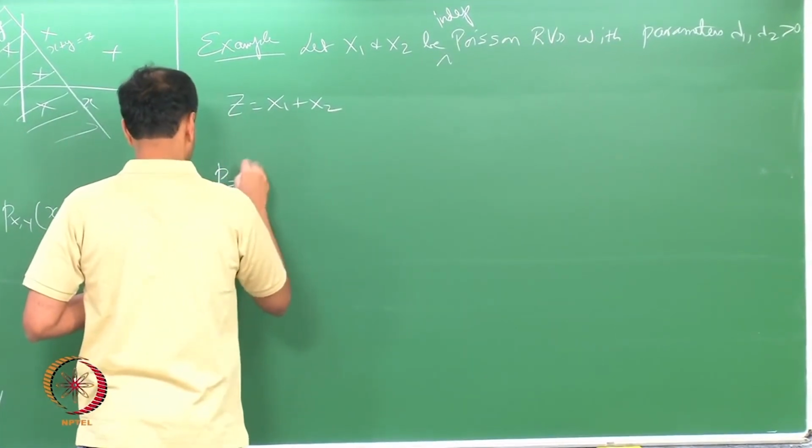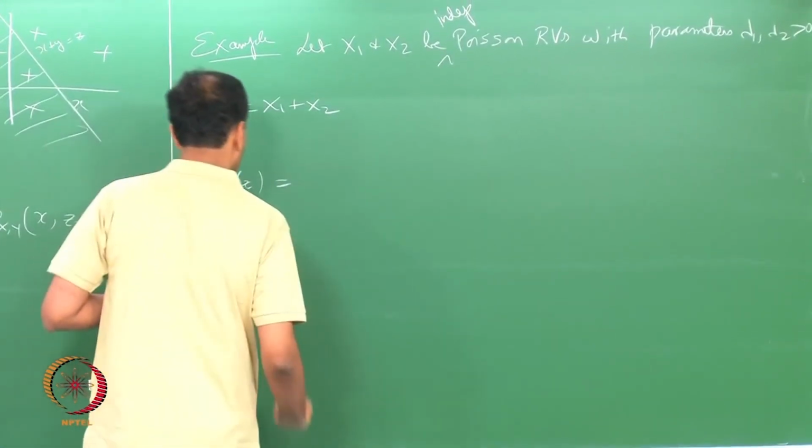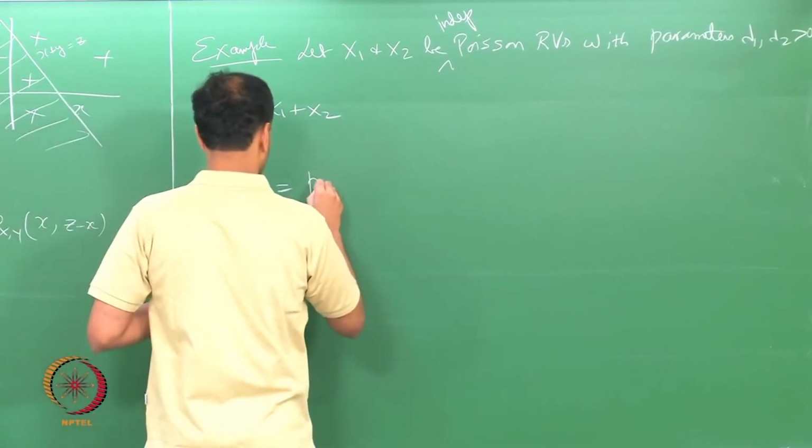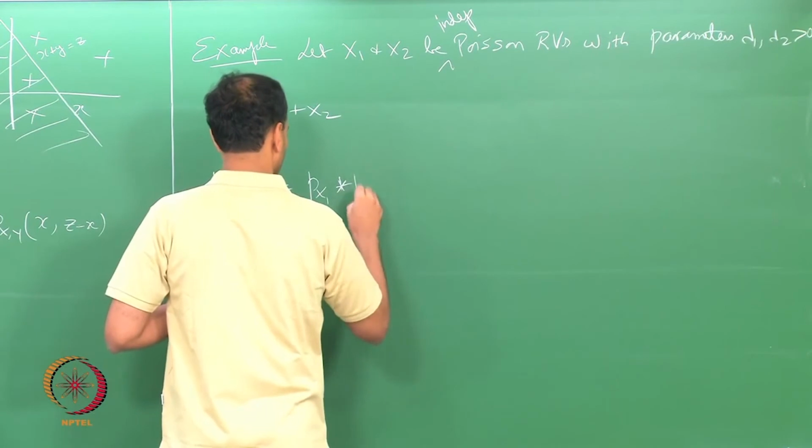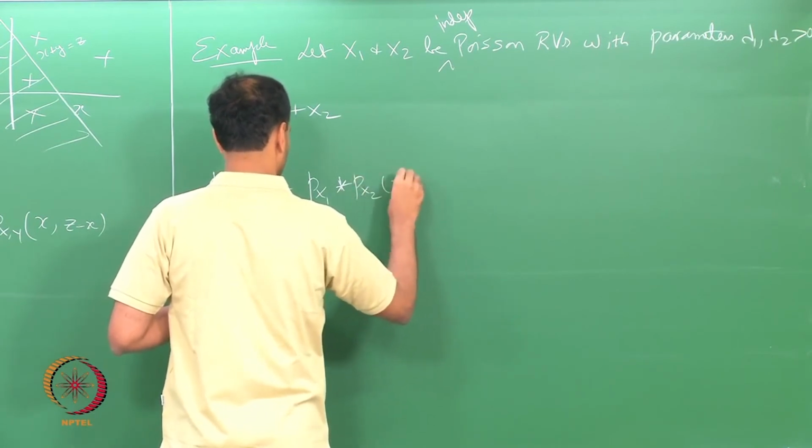Then P z is given by P x 1 convolution P x 2 of z.